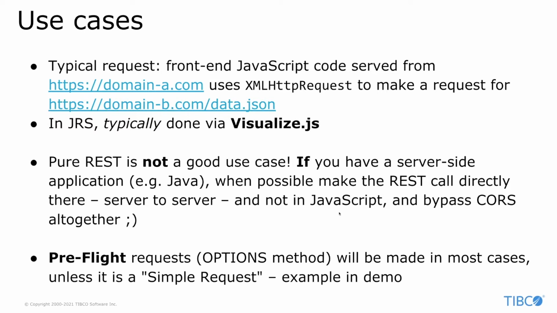And another important aspect is the pre-flight requests. So these are done through the OPTIONS method in HTTP. And this pre-flight request will be made in most cases, unless it's a very simple request. So we'll see that in the demo. But it's important to know what is a pre-flight request and why it happens.